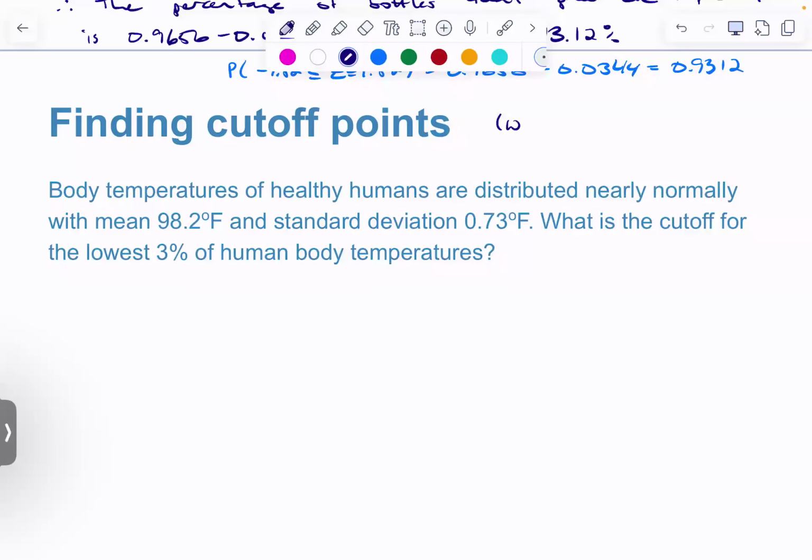I call it working backwards often, but I think a lot of the assignment questions call them finding the cutoff points. So really, solve for X given a probability or percentage.